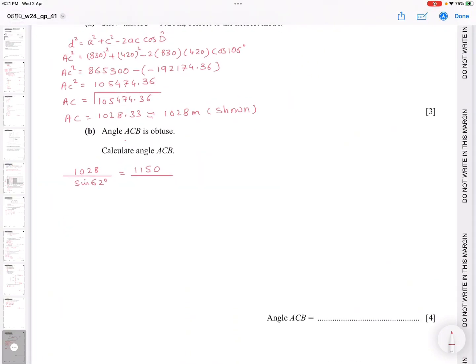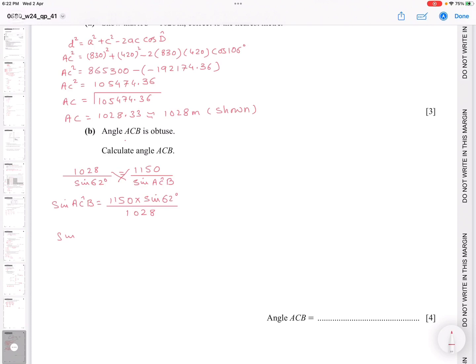So we write sine of angle ACB. Now cross multiply and make sine of ACB the subject. This would be equal to 1150 times sine of 62 degrees over 1028.